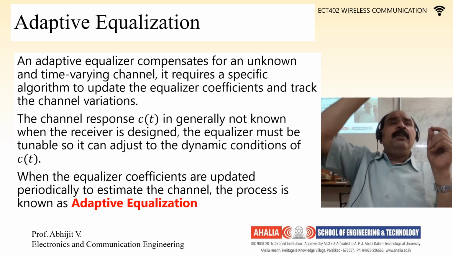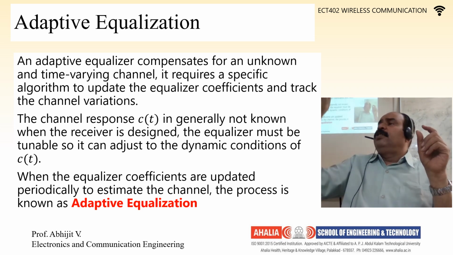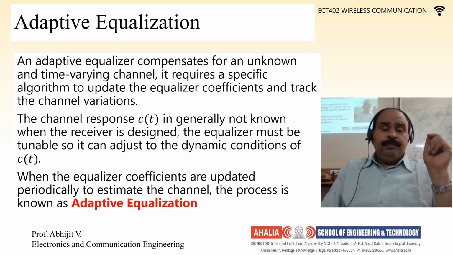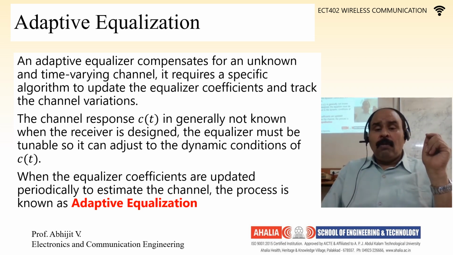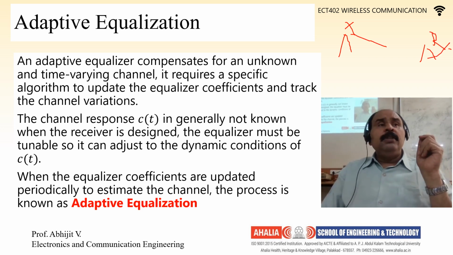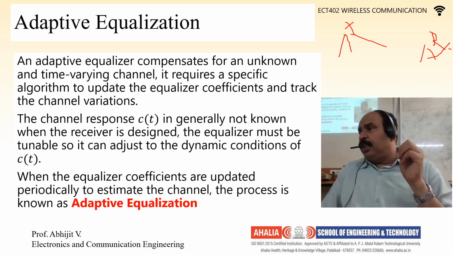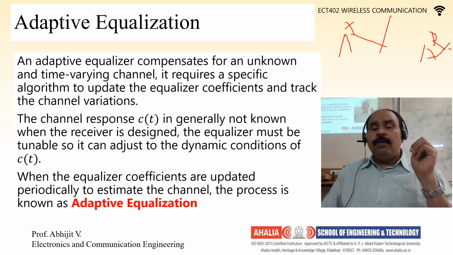So imagine there is a tower and there is a receiver, a mobile here. This is a transmitter and this is a receiver. When the signal is transmitted from the transmitter to the receiver, there can be a lot of variations in the channel.